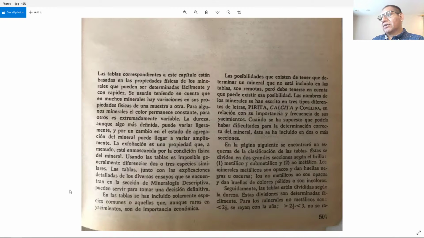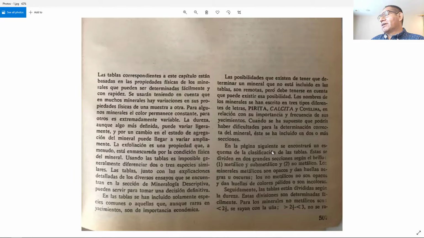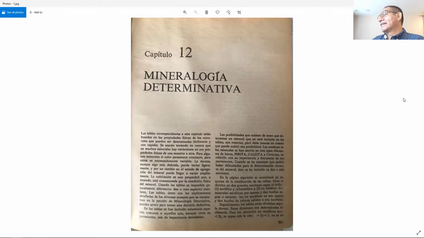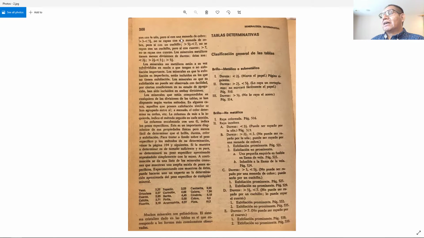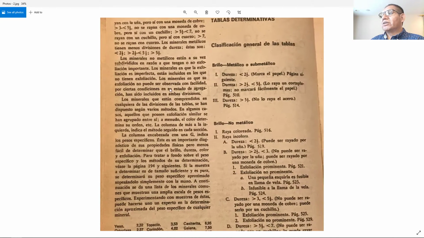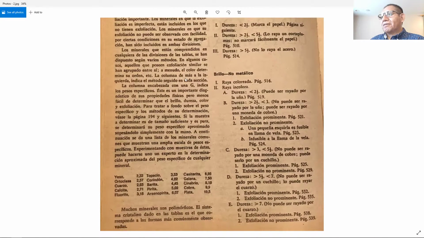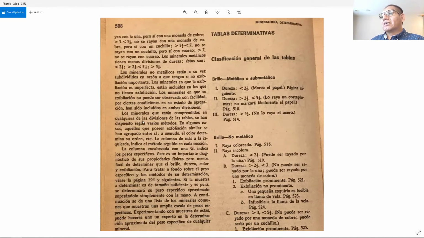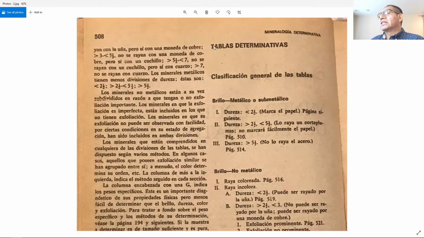You can capture it and maybe have some way to translate it. And next one, you have more information in this area. All this part: hardness, texture, and something I'm going to focus on, this table of determination, the determinative tables.